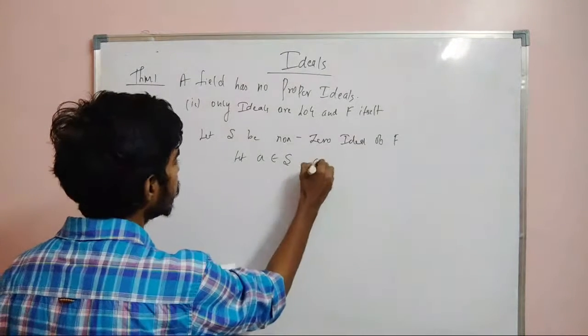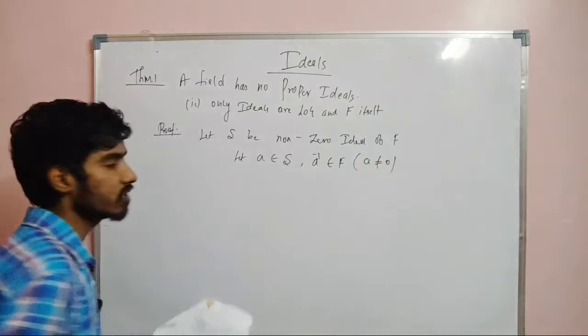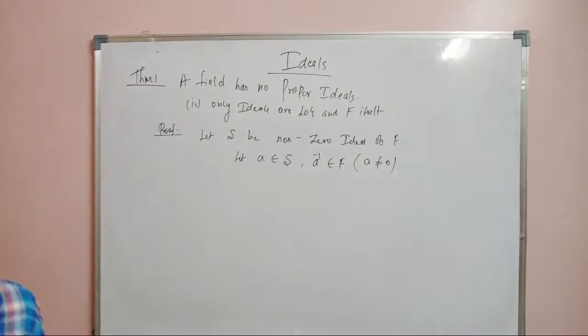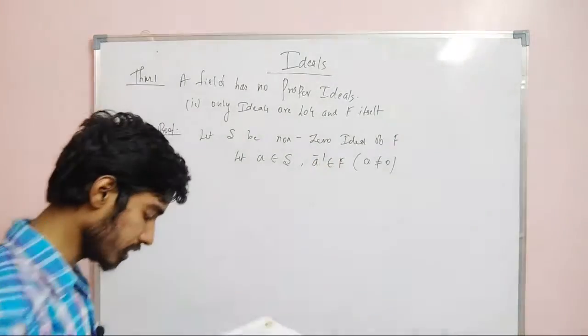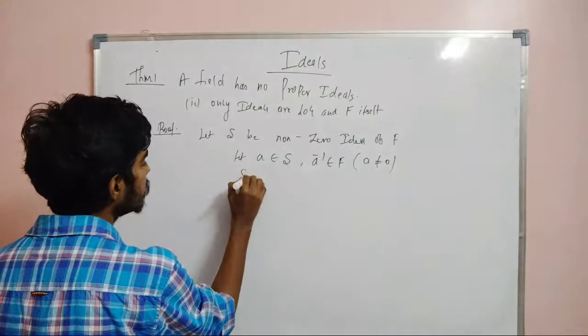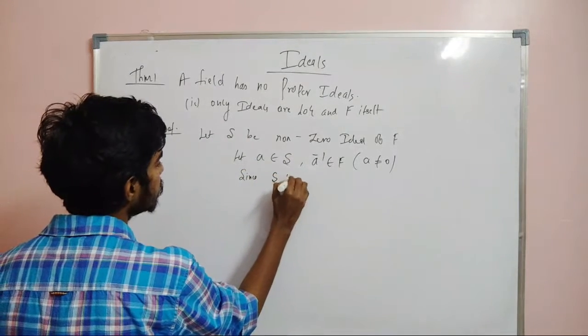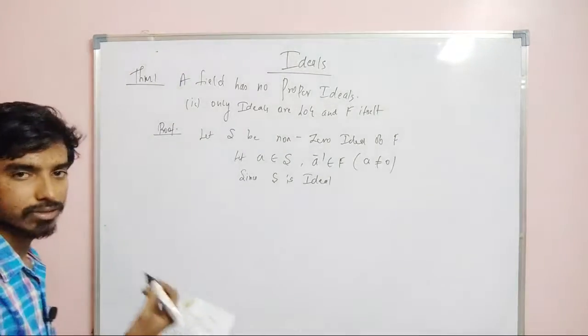Now can I say a inverse belongs to F, since a is not equal to 0? By definition of field, it has multiplicative inverses. Therefore a inverse will be in F, right? Since S is an ideal, it is a left ideal as well as a right ideal.